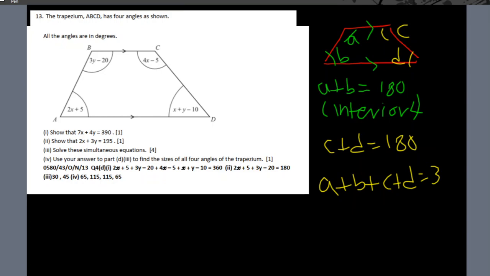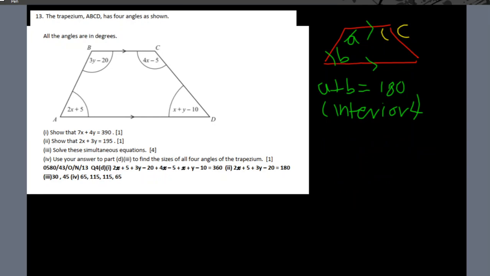So let's see what is asked first. 7x plus 4y equals 390.